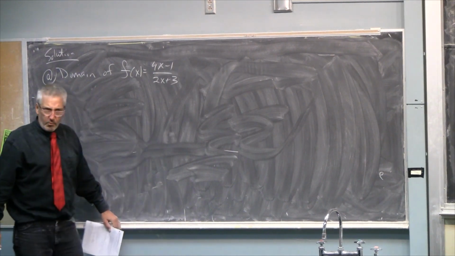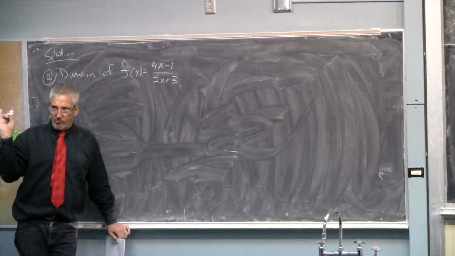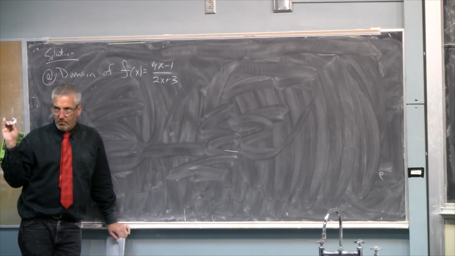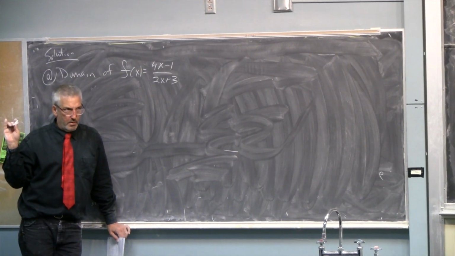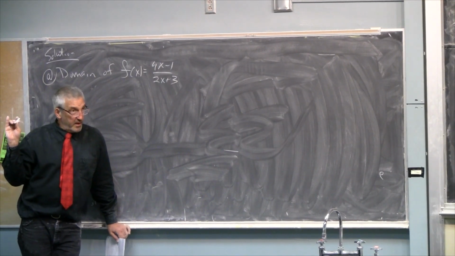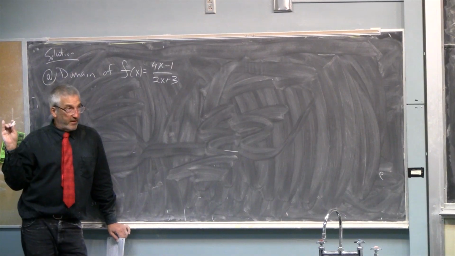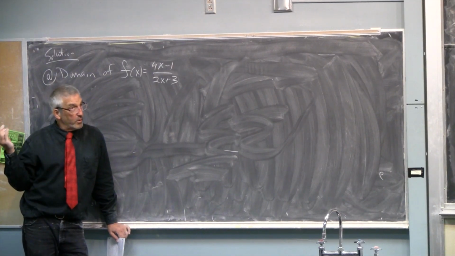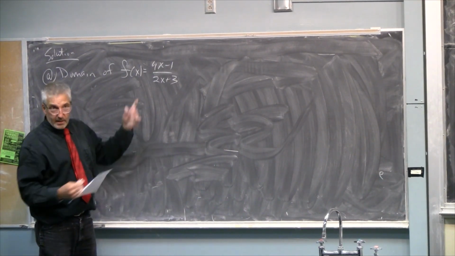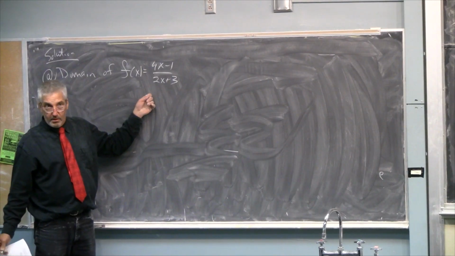Can anybody tell me what the domain of this function is and why? Let me pose the question in a different way. Remember, the domain of a function is the set of x values that will give you a y value. So are there any numbers that would not give you a y value using this formula?